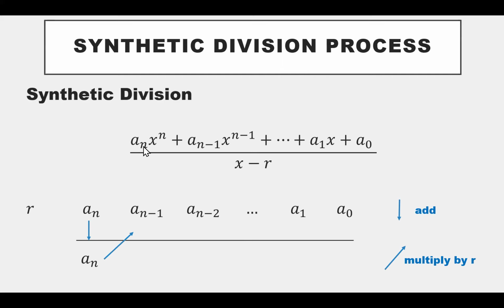The process is this. When we're dividing a polynomial by x minus r, what we do is we set the r out to the upper left so we don't forget it. And then we write the coefficients of all of the terms of the polynomial, making sure that our terms are in decreasing order and they descend by 1.